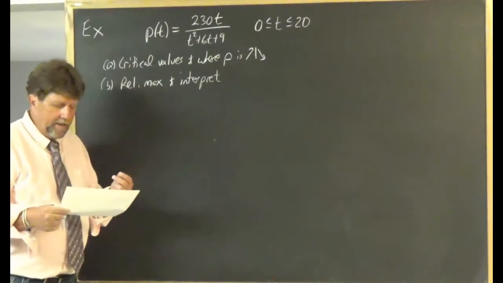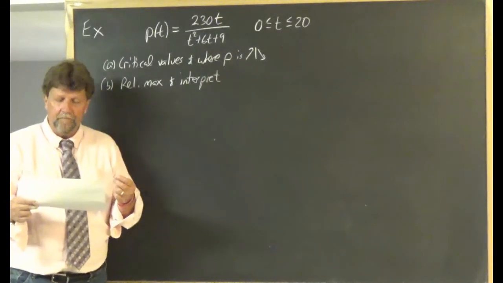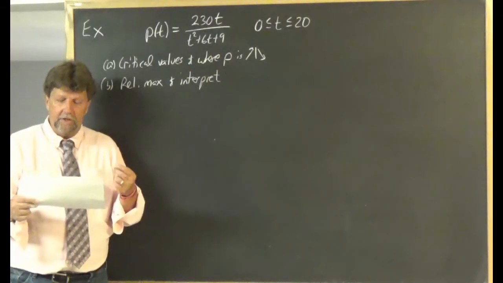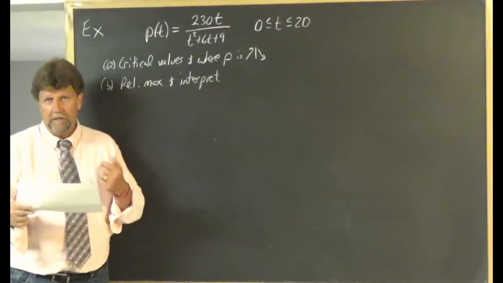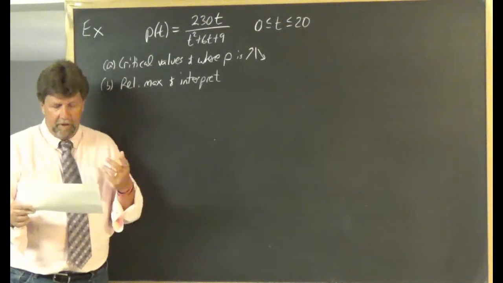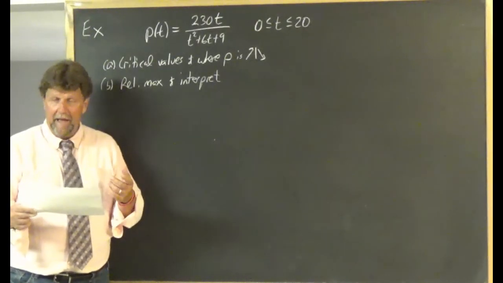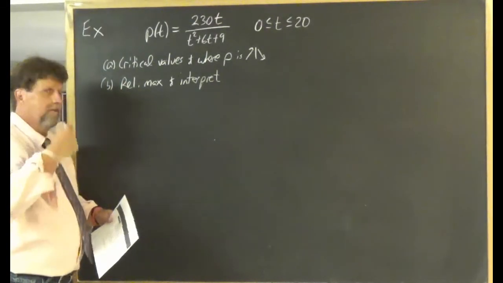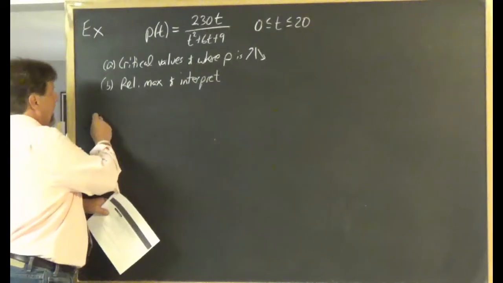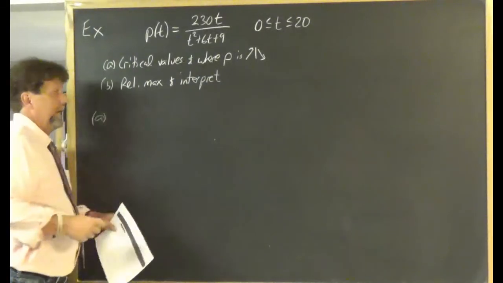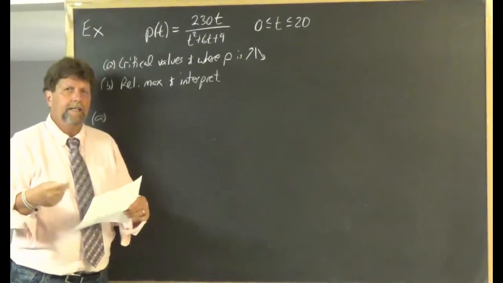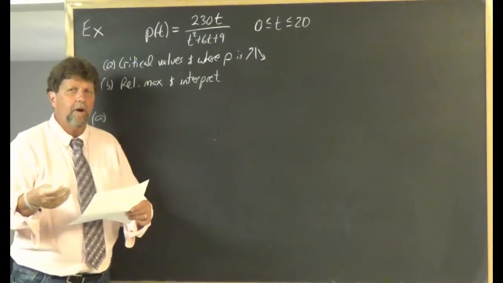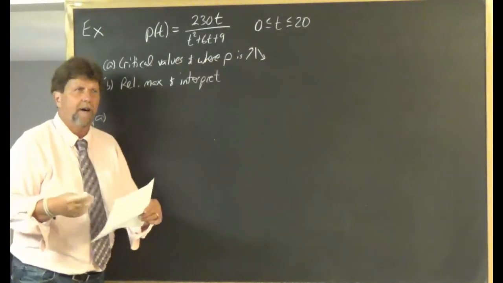In part A, we're asked to determine the critical values and the intervals where the function P is increasing and where it's decreasing. And then in part B, determine the relative maximum and interpret each point. So for part A, critical values, we need the derivative. See where the derivative is 0 and where the derivative is undefined.